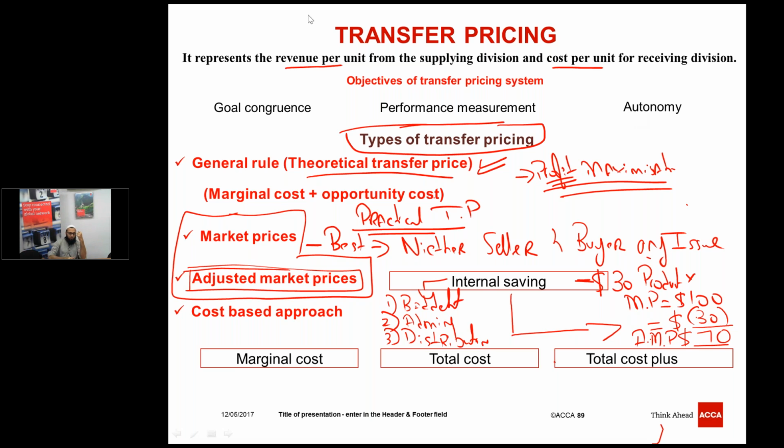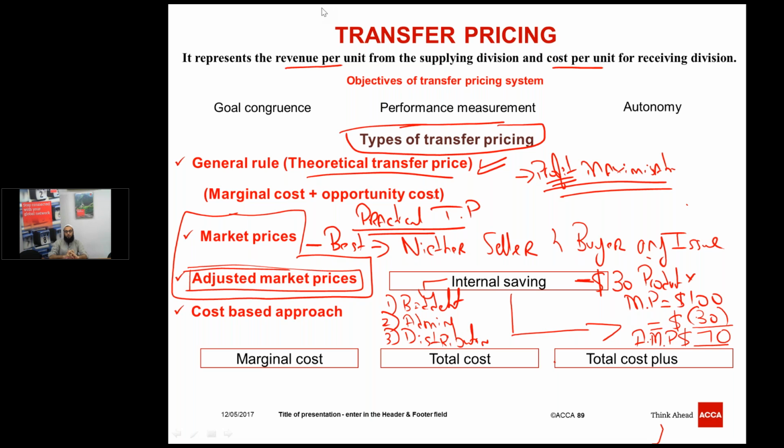There are circumstances where market price does not act as a useful transfer price. When market price or adjusted market price is not a useful option, I'm telling you the circumstances. The first circumstance is when the selling division is in monopoly. Number two, when published prices are fictitious.